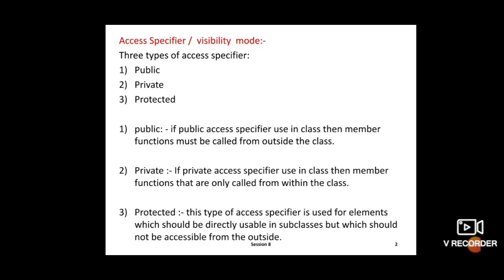Just see after we finish access specifiers. Subclasses means first we create a base class, then create a derived class which depends upon the base class, and it is called a subclass. At that time we can use the protected access specifier. Understood how many access specifiers? Public, private and protected.